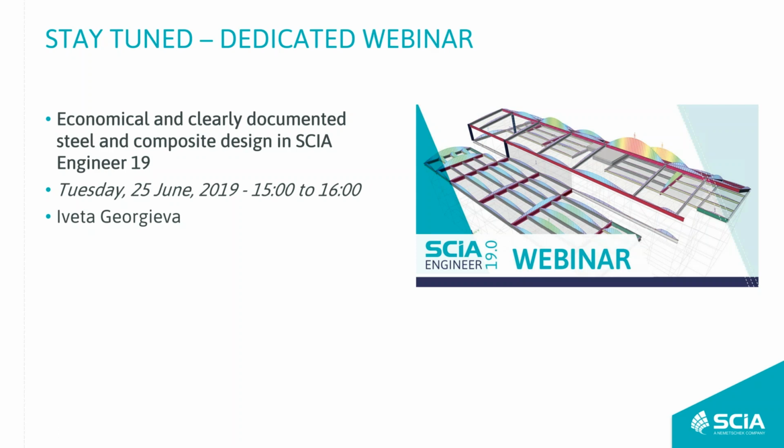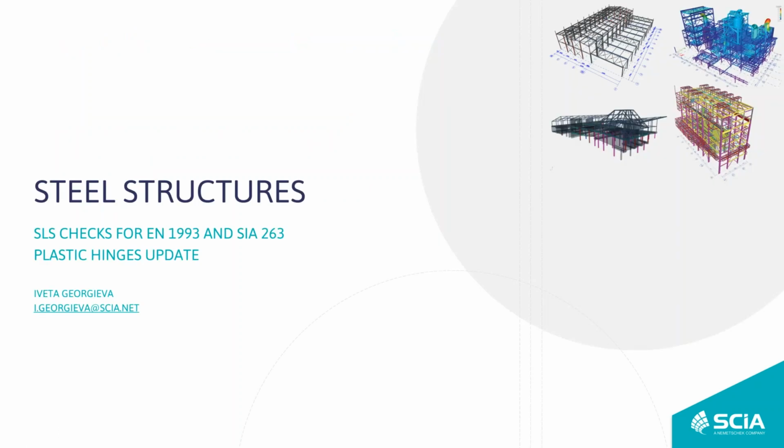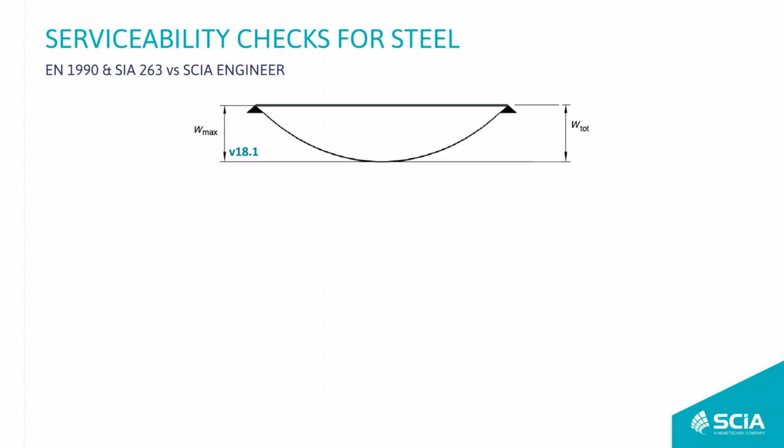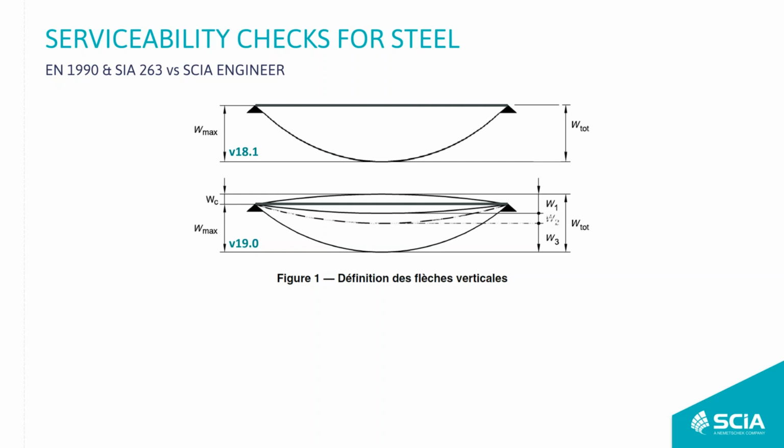Since we are speaking about steel structures, we also did some enhancements which we can mention during our webinar, and that's related to the serviceability limit state. That was the case in version 18.1.